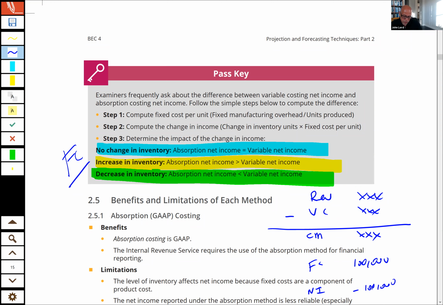So Matthew, this is good for internal purposes because now I can start to tweak this number. Let's say I had a positive contribution margin of 2 million, and my fixed costs are 100,000. So my net income under absorption is 1,900,000, right?